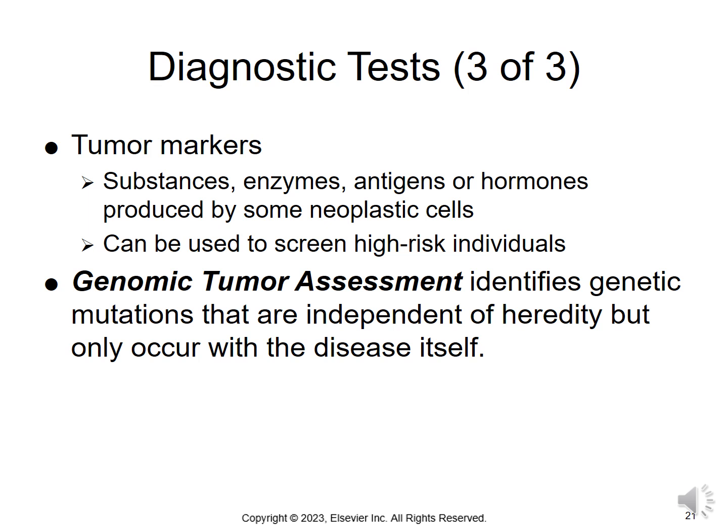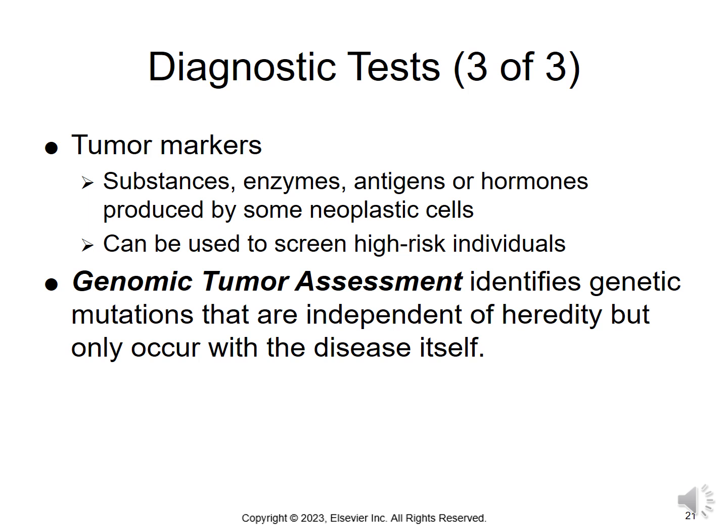Genomic tumor assessment would identify different genetic mutations that are independent of heredity but only occur with the disease itself. And then we also have tumor markers that we can look at. These are substances, enzymes, antigens, or hormones that are produced by certain neoplastic cells. These tumor cell markers can be used to screen high risk people, confirm diagnoses, or monitor the course of a certain malignancy.